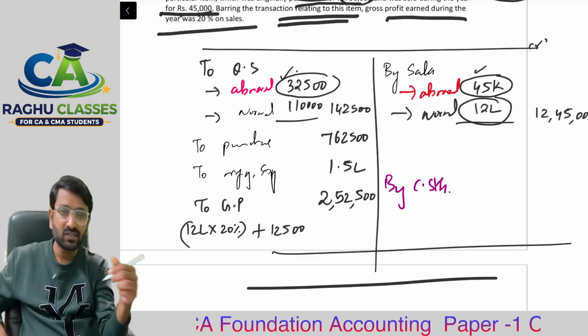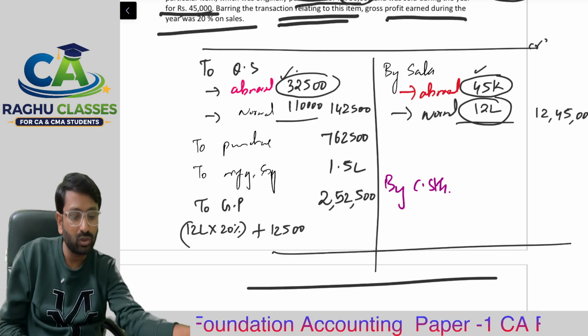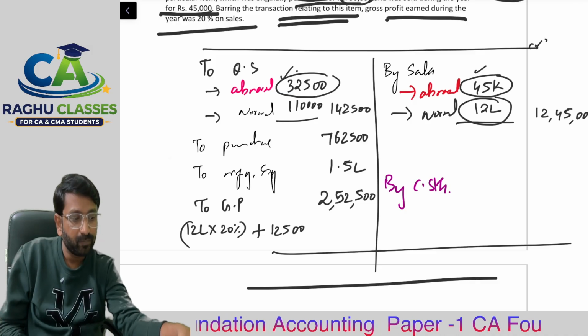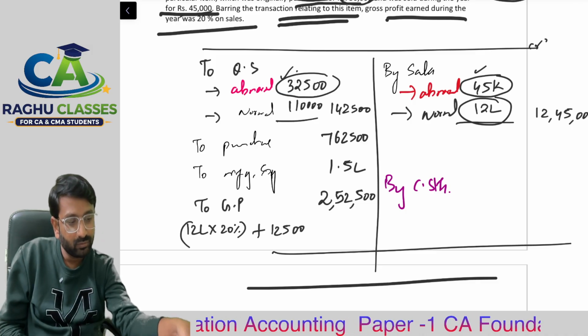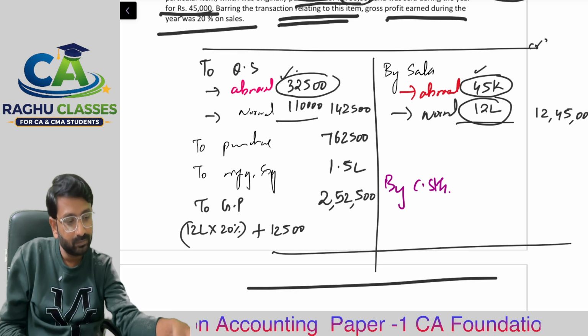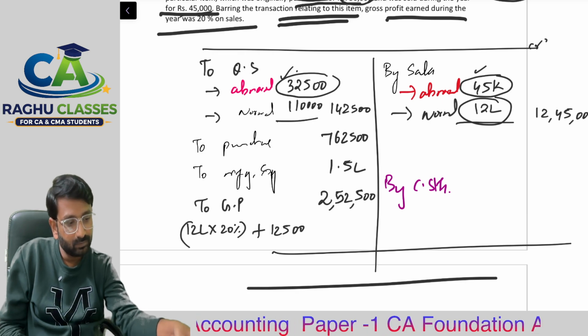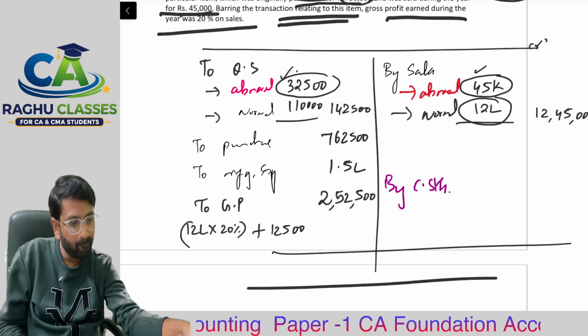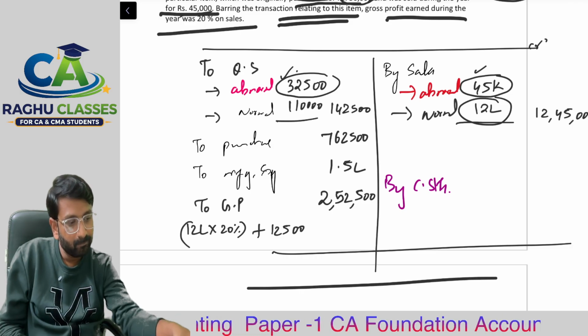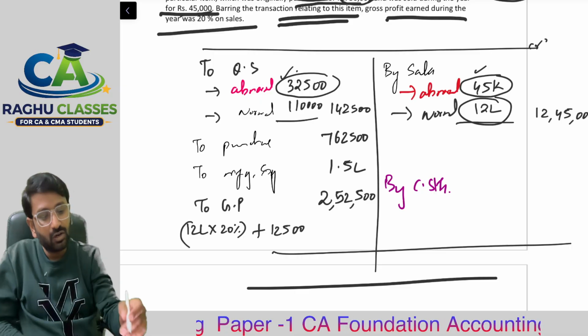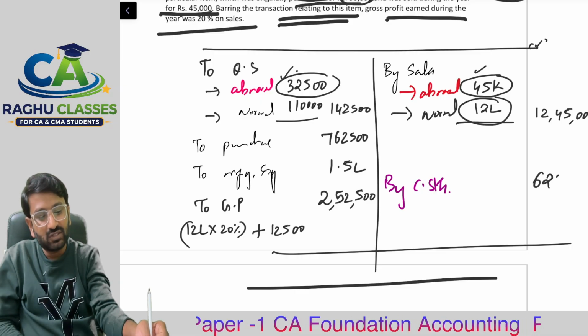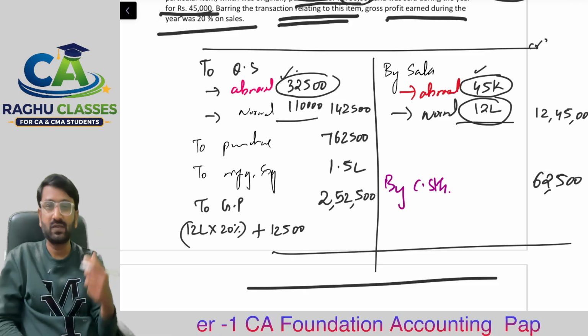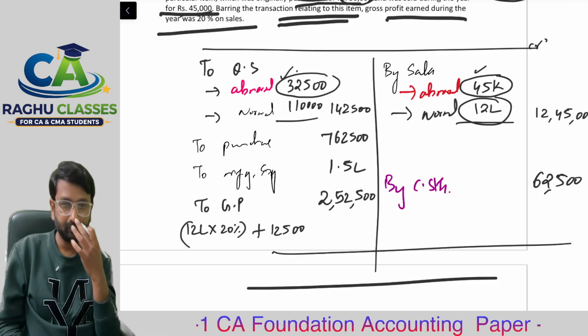Now just balance this trading account. That should give you the closing stock value. The final closing stock should be 62,500 rupees. Clear?